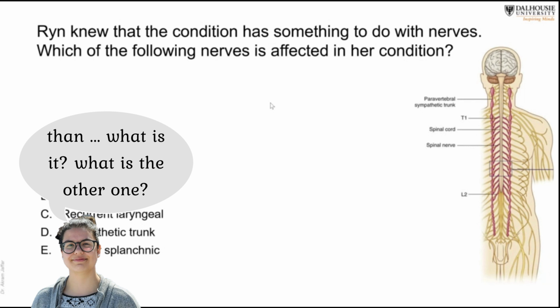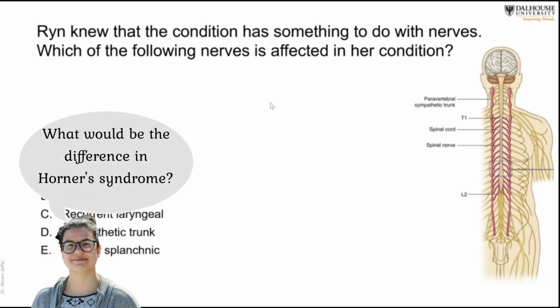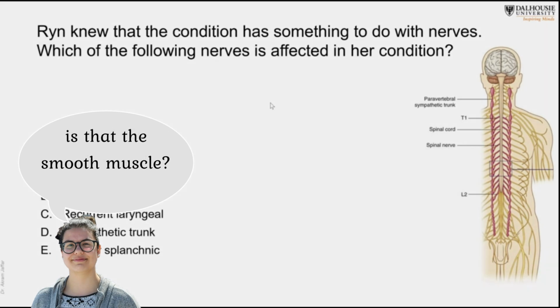Horner syndrome. In Horner syndrome, levator palpebrae superioris has a smooth muscle part. That's why when there is sympathetic overactivity, like when you are angry, for example, you will not notice that.